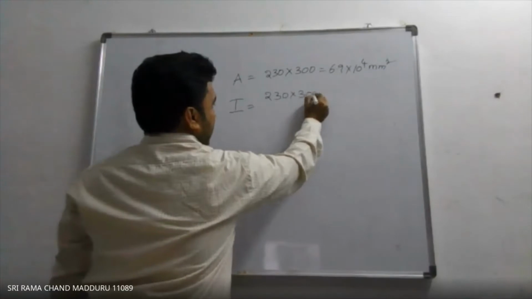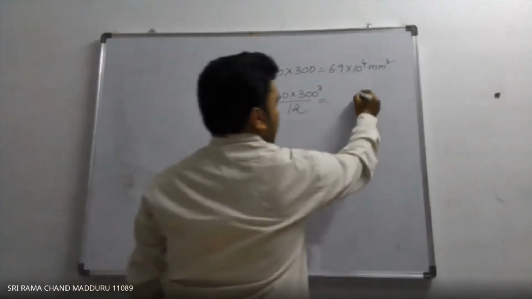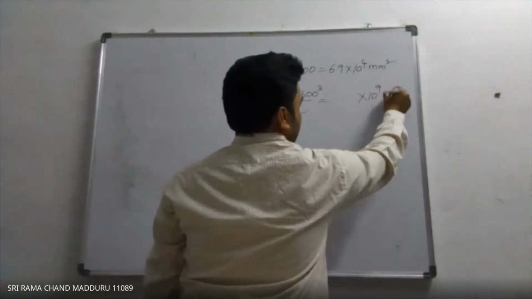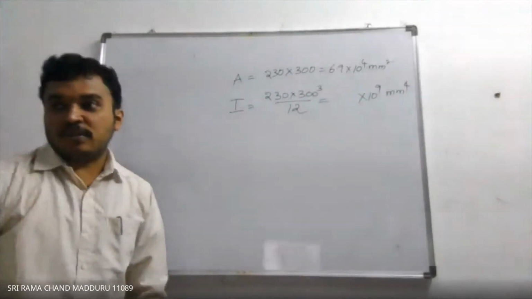230 into 300 cube by 12. Tell me 230 in terms of 10 power 9.